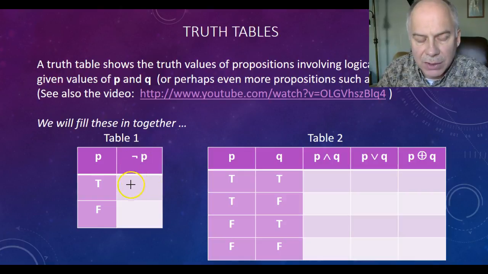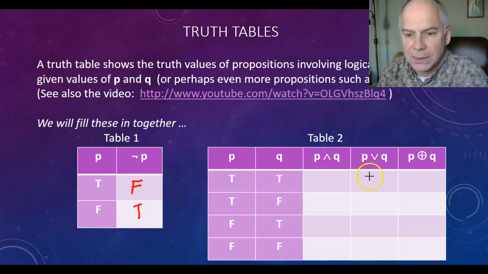Well, if P is true, the negation would be false. Now, if P is false, then the negation would be true. So a negation, this not P situation, always does the opposite of whatever P is.